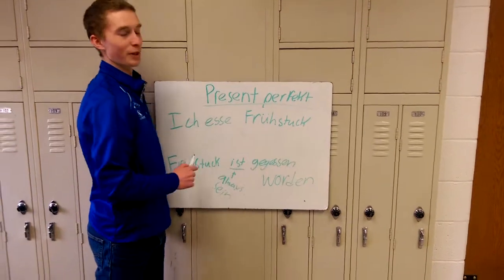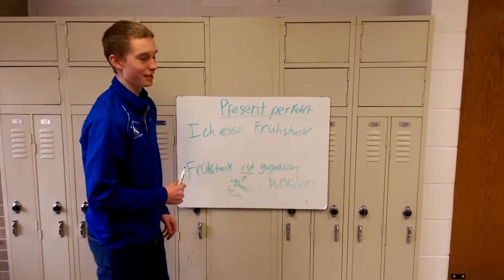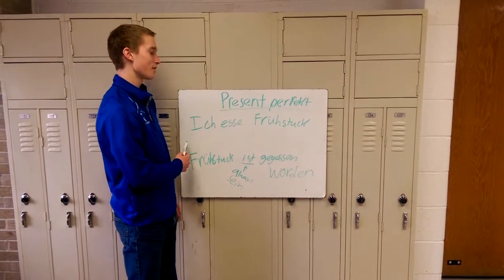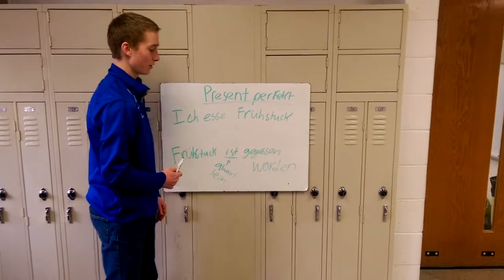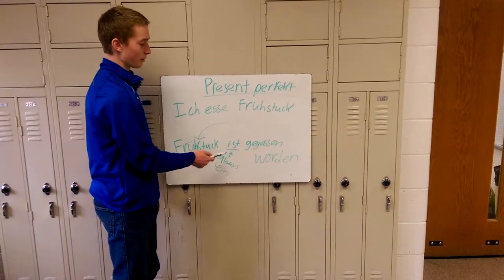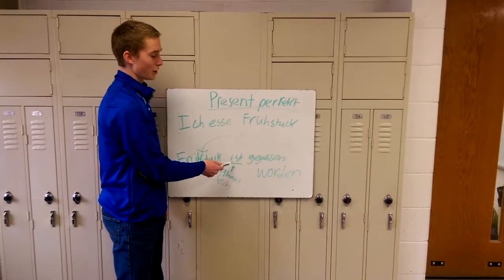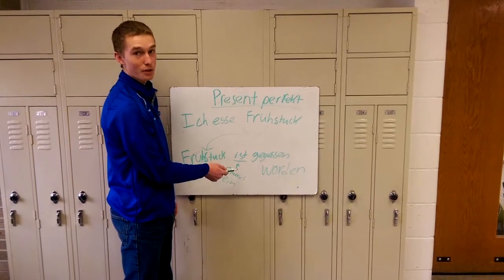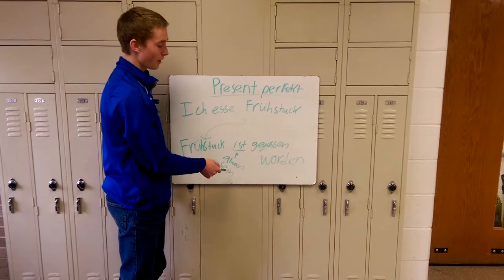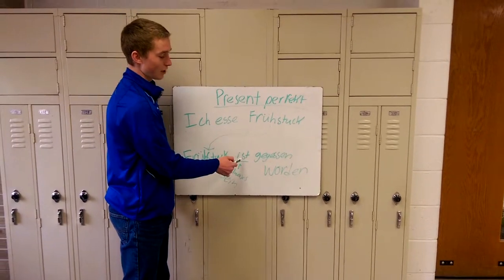So this is present perfect, which is slightly different than present tense, but they still say pretty much about the same thing. So our active sentence here is Ich esse Frühstück. So Frühstück becomes the subject, and the verb after it, which usually would either be haben or sein depending on the verb, but here it is always sein, is a conjugation of this verb.